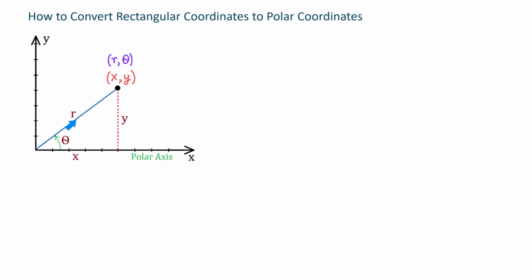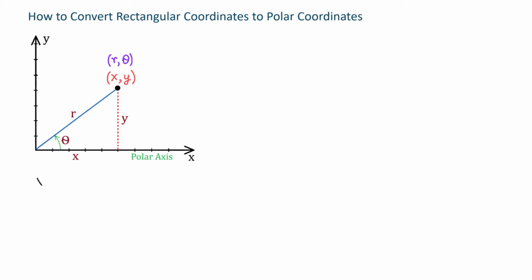Then, using this right triangle, we can form two important equations that will allow us to convert from rectangular to polar. The first one, using the Pythagorean theorem: x squared plus y squared equals the hypotenuse r squared.